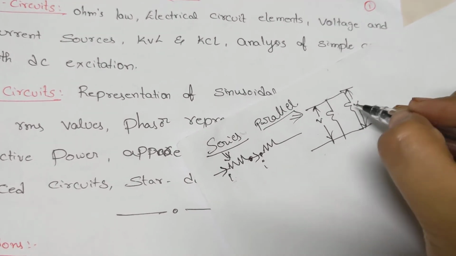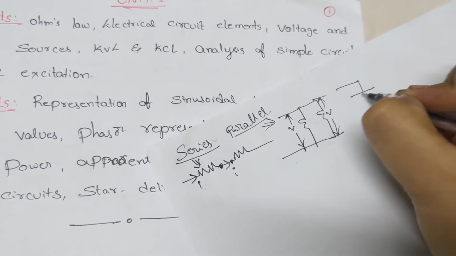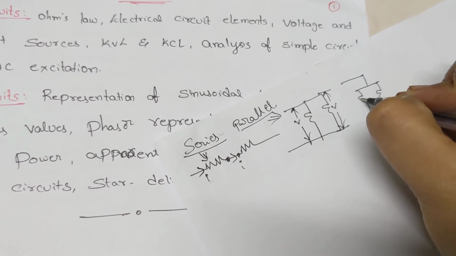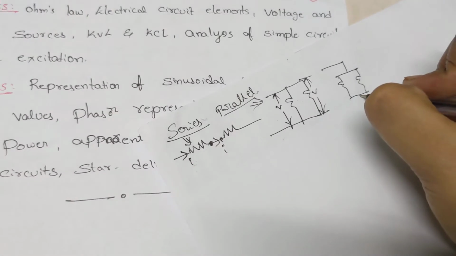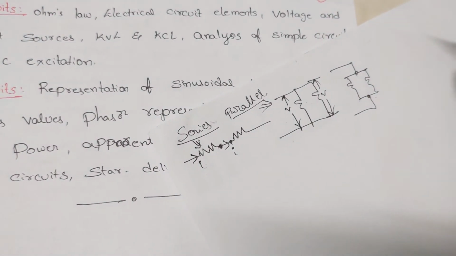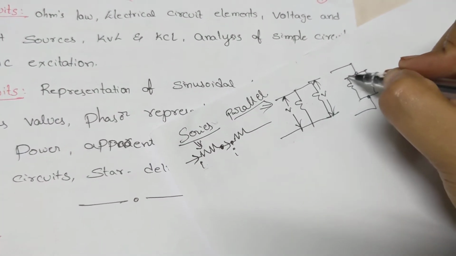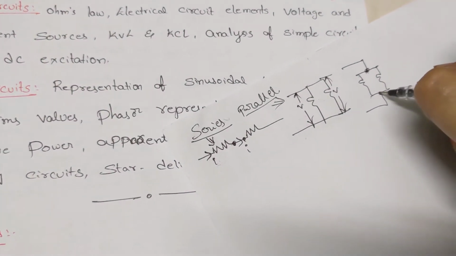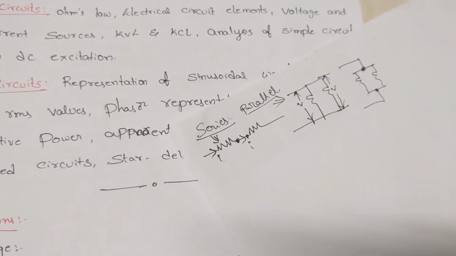In other words, the positive terminals of the two elements are the same, as well as the negative terminals of the two elements, because I have just redrawn these elements so that there is only a single positive node and a single negative node. This is for series and parallel.